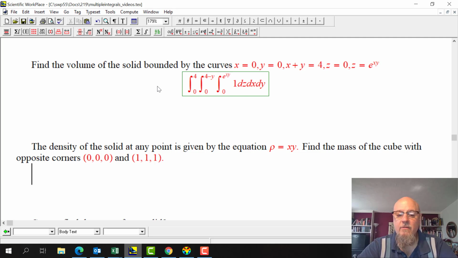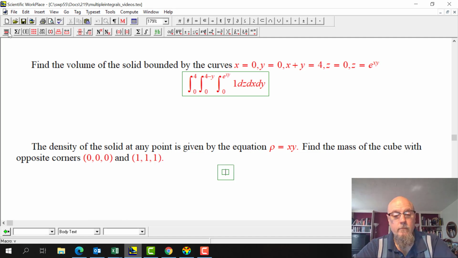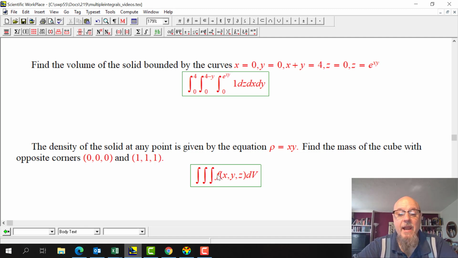But that's if you have a constant density. If you don't have a constant density, and this solid, this cube, does not have a constant density, it changes. I mean, the density is 0 right near the origin, and it goes all the way up to 1 on this other corner. So we want to add up, we want to integrate that density.